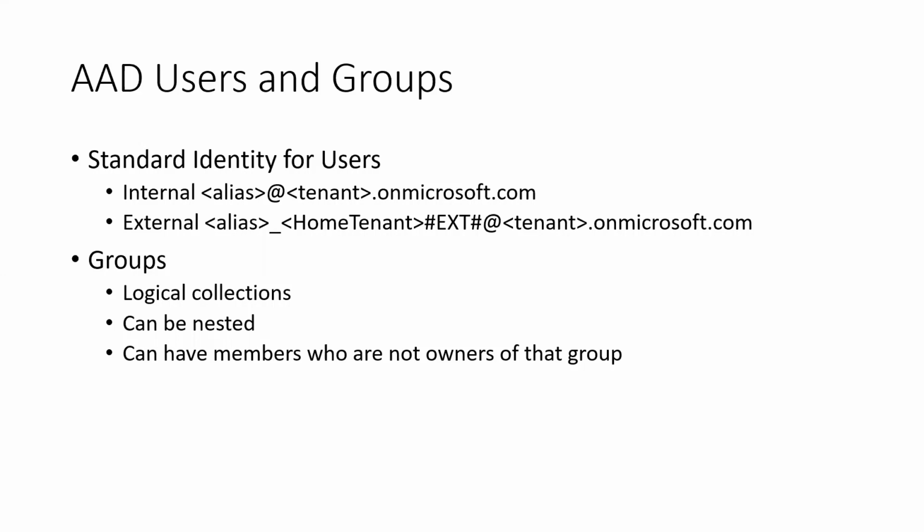Then there are groups, which are just logical collections of users. They can be nested, and they can have members that are not owners of that group. So you can have somebody own the control of a group, and then have members who can't do anything with that group other than be a member of it and share its permissions.